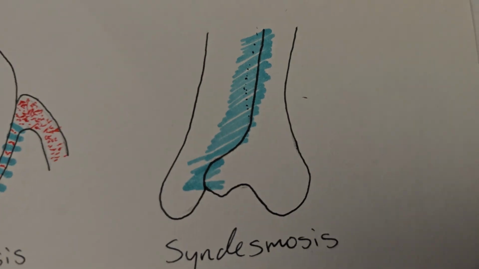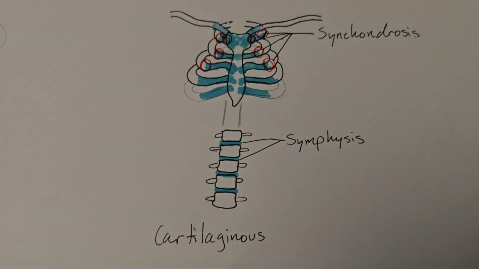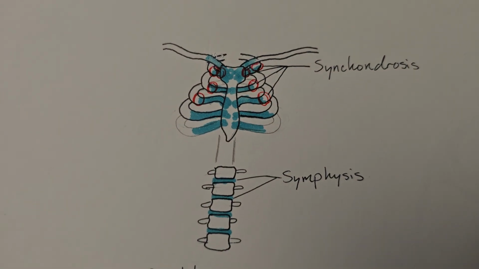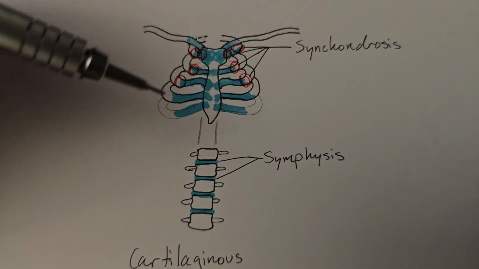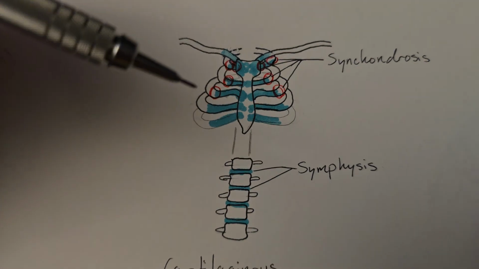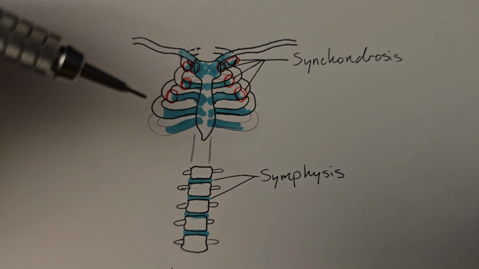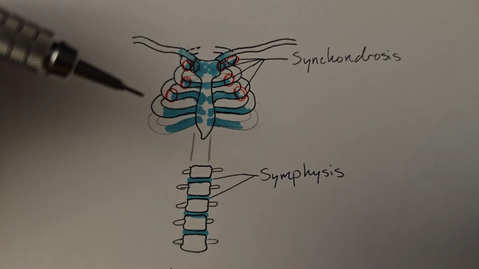next to each other. And the third major joint type is the cartilaginous joints, where cartilage is holding together two bones. There's a little bit more movement involved in these, but still not much. So these are amphiarthrosis.